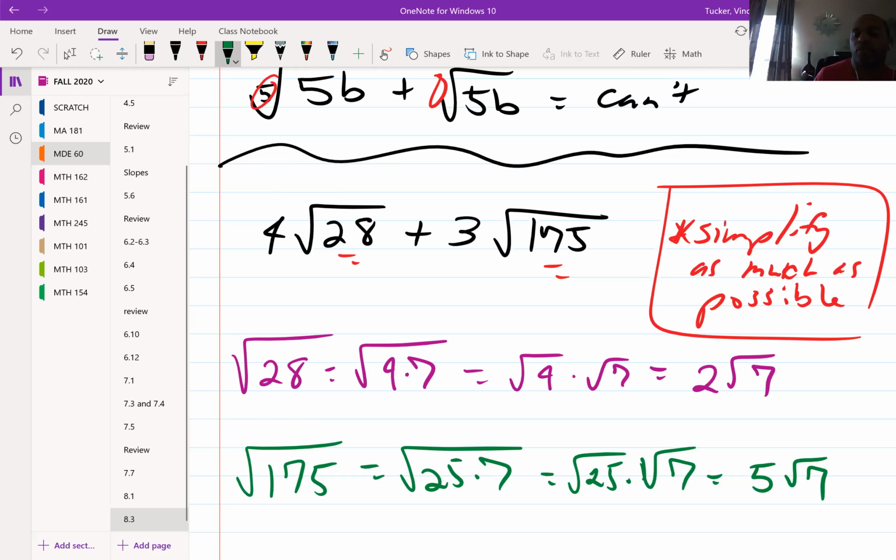So that's 5 square root of 7. All right, questions before we go back to our original problem.